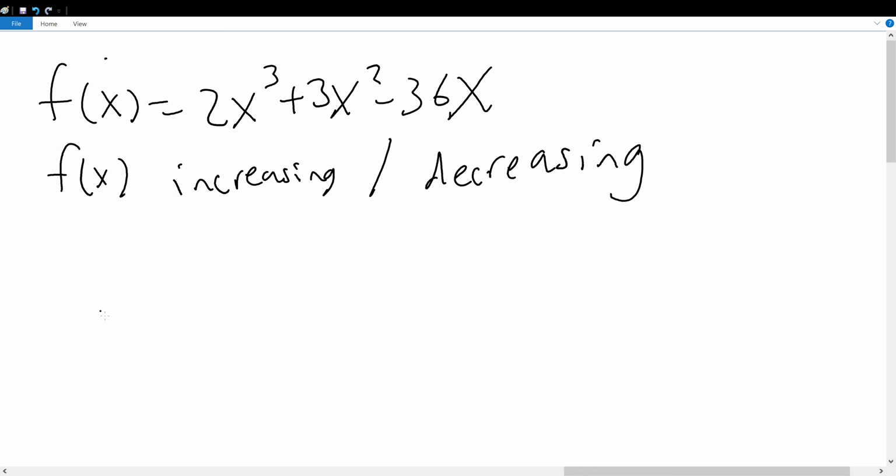Let's pretend this function is something like that, right? We just explain the general idea behind it. You find the maxima and minima, so let's pretend the maxima here and the minima here, which will tell you what parts will be increasing, like here, decreasing here, and then increasing again.